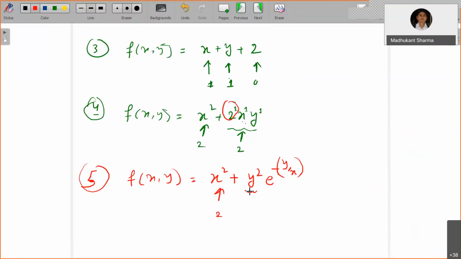Here this is y square, so the first product is of degree 2. What about the degree of this? Certainly when you write it in Taylor's form, it's going to be powers of y by x: y by x plus y by x whole square, y by x whole cube, and so on, with factors 1 by 2 factorial, 1 by 3 factorial, and so on, the exponential series.